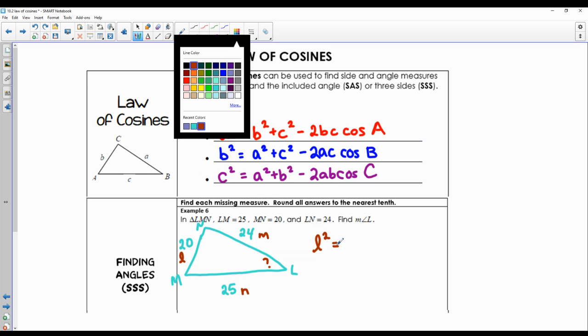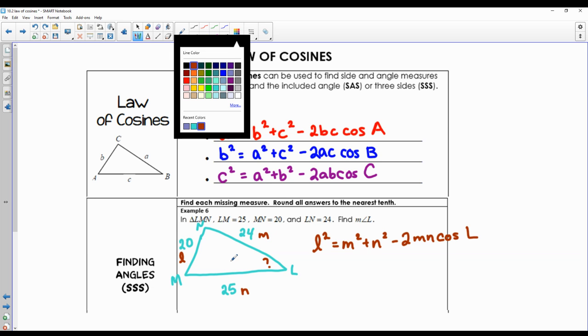So little l squared is equal to your other two letters, m squared plus n squared minus 2 times m times n times the cosine of angle L. If the letters are throwing you off, go back and just label them A, B, C, and you can use those letters too.